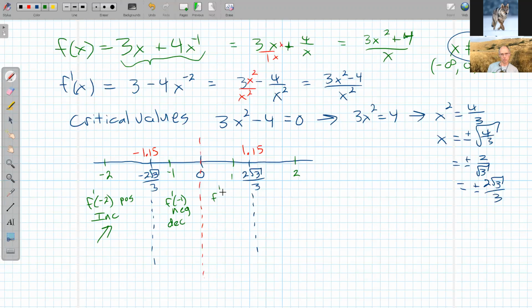And then f prime of positive 1, so I'll draw the arrow too for my visual mind. If we plug in positive 1, we still get about the same thing, 3 minus 4 over positive. So negative over a positive, still negative. So we are decreasing through that asymptote. And then if we plug in 2, f prime of 2 is similar over here. It's 12 minus 4, which is positive over positive. So we are increasing there.